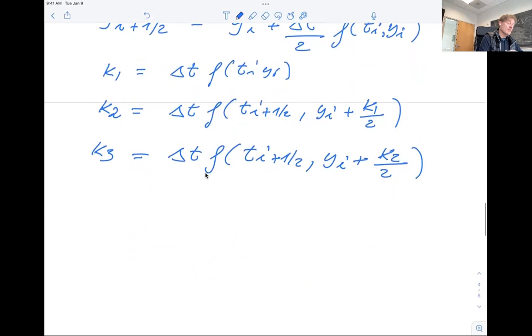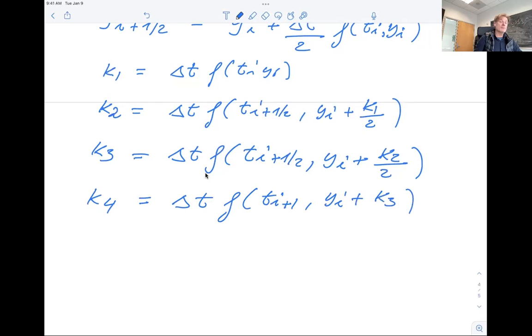And then finally, I'm going to use these values to extrapolate to the final point. So I'm going to define a new function, given by my delta t times f, and then I have my t of i plus 1, and then y of i plus this function k3, which is now an improved derivative at the midpoint. I use that improved derivative to make an estimate of the final value, which is y of i plus 1.